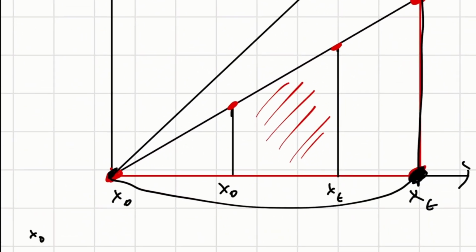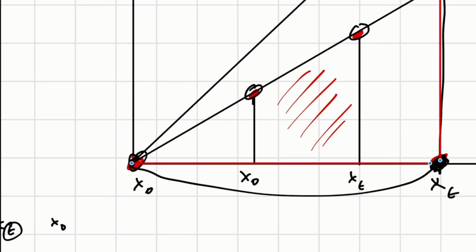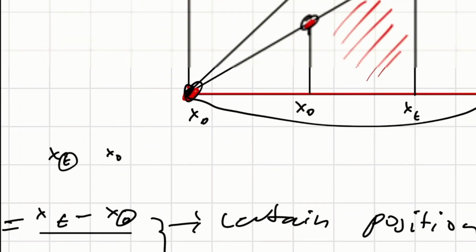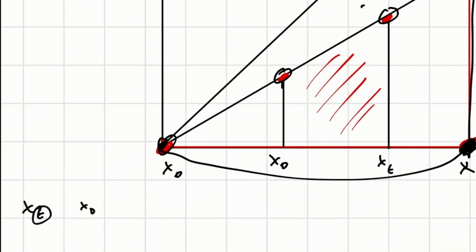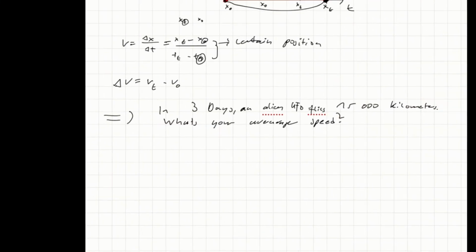Since this here is much bigger than 0, of course, this won't be as much as if we take 0. So the number that we get will be much smaller.